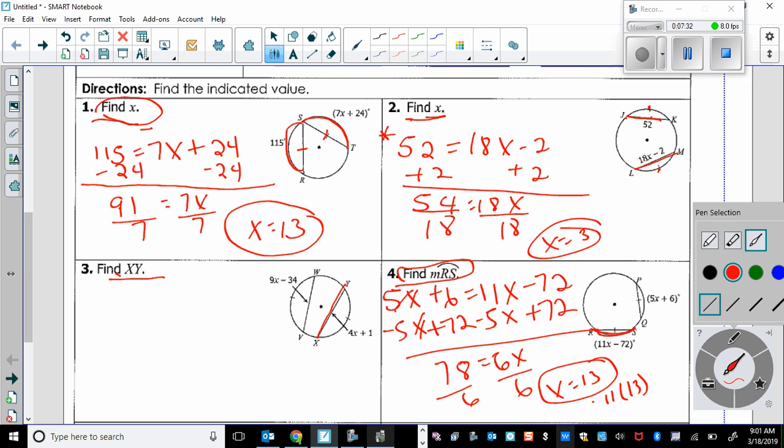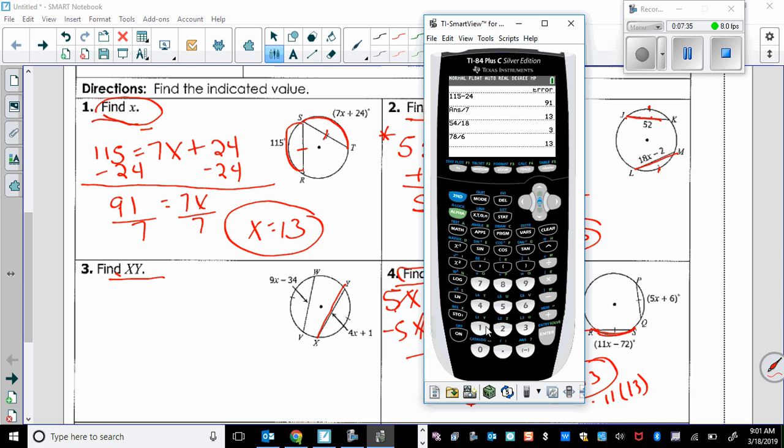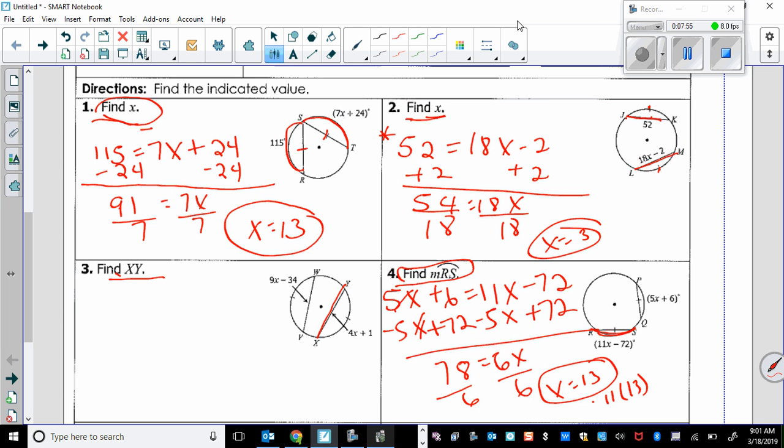So let's pull the calculator out. So 11 times 13. I can put that in the parentheses. Then minus 72. Okay, press enter. It gives you 71. So the measure of the arc RS is 71. So that's the answer you guys have to give me.